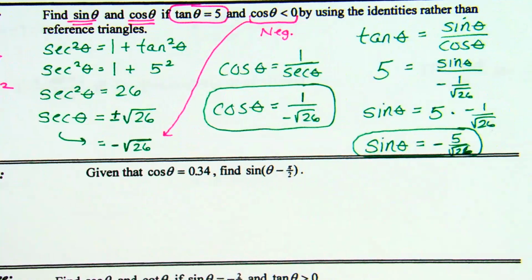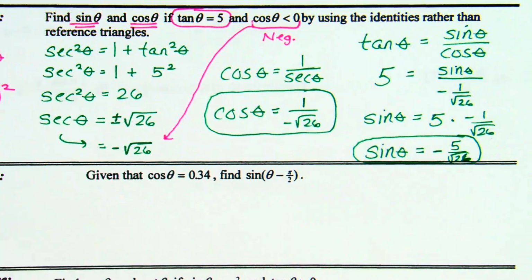Given that cosine of theta is 34/100ths, find sine of theta minus pi over 2. Thoughts on what type of identities we're going to have to use here?